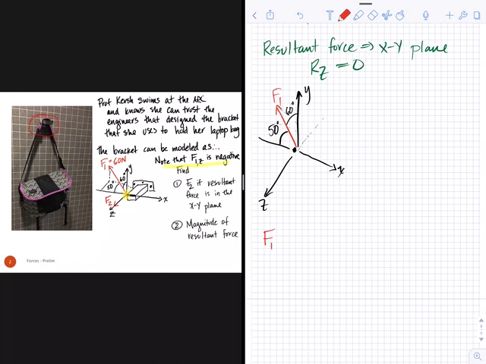So F1x is equal to F1, right, cosine alpha. So this is using the law of cosines that we covered in one of the early lectures, right? So that's going to be equal to 60 newtons. And then what is the alpha though? We want it with respect to the positive x-axis.